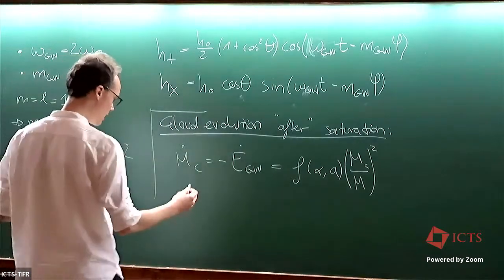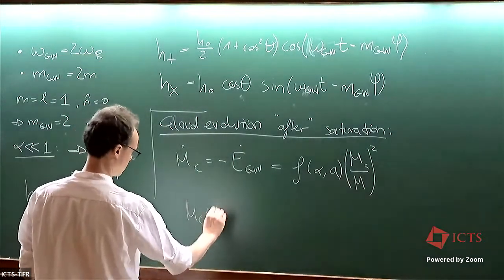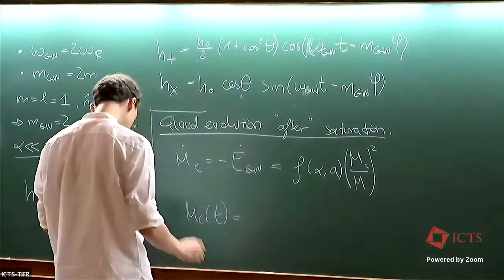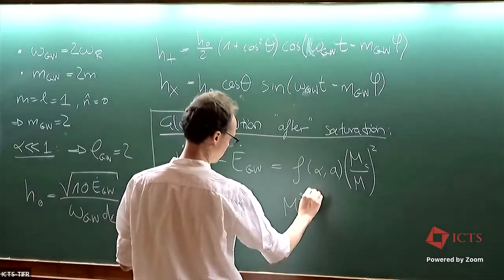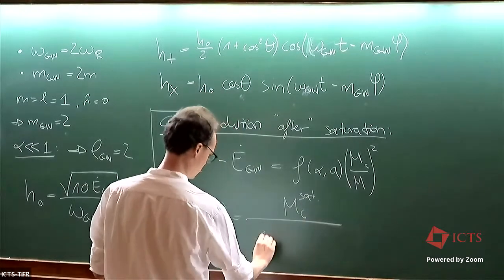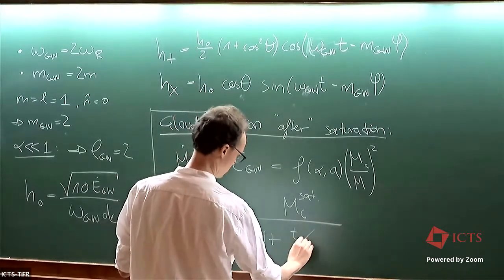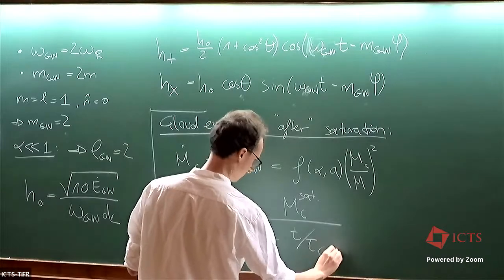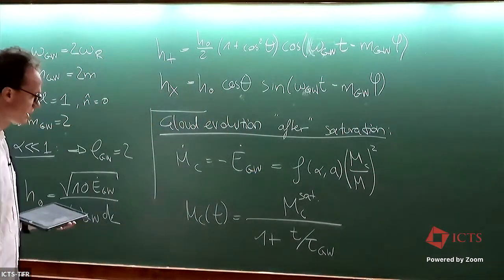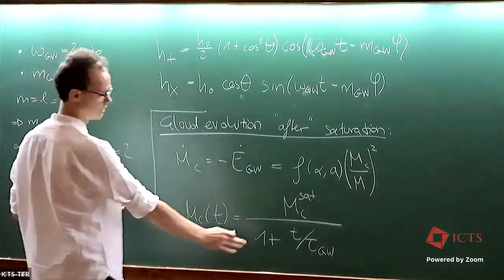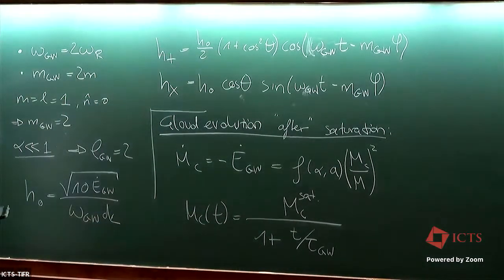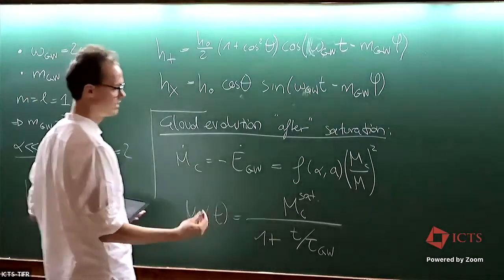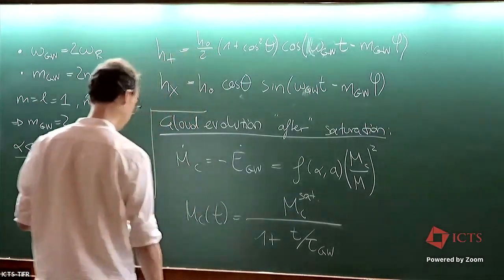And the solution to that ODE is generally of this form, where M_C,sat is basically the mass of the cloud at t equals 0, where I define t equals 0 to correspond to the saturation.